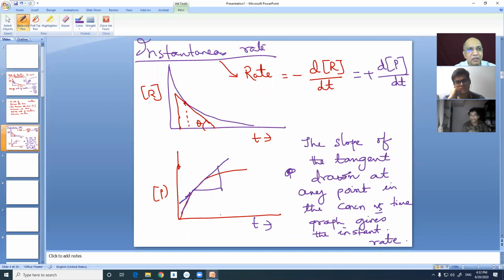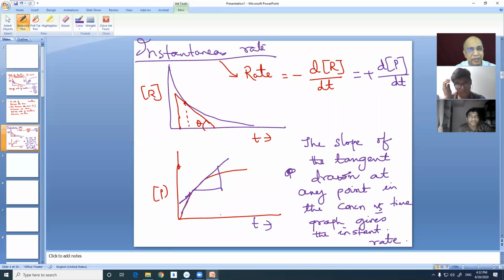Whether I monitor the reactant or the product depends on convenience. In this reaction it is better to monitor the concentration of the reactant at different time intervals experimentally and draw a graph. In some other reaction, it is more convenient to monitor how the product is increasing from time to time. I have recorded 10 experiments and then I have a graph.